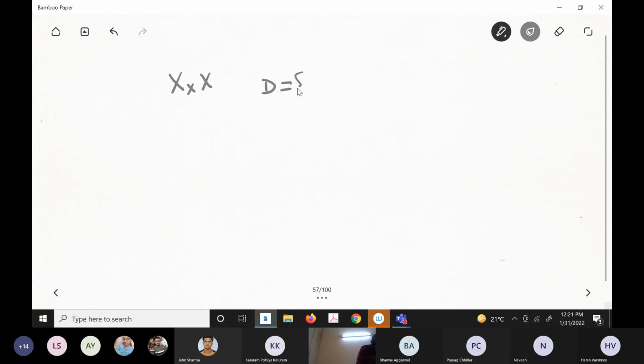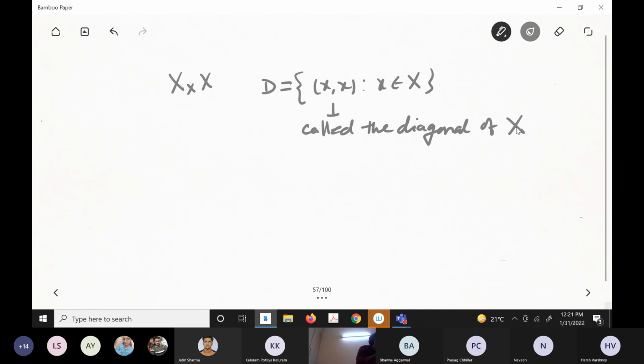I'm reserving it for X, X. This is called the diagonal, the standard term, the diagonal of X. But actually it's a subset of X cross X. Don't confuse that T. Though we call it the diagonal of X, it's a subset of X cross X.